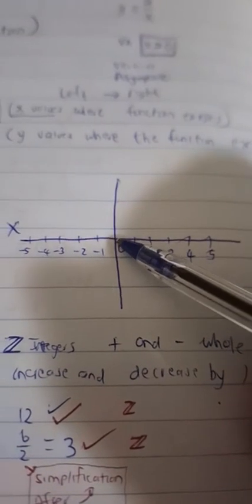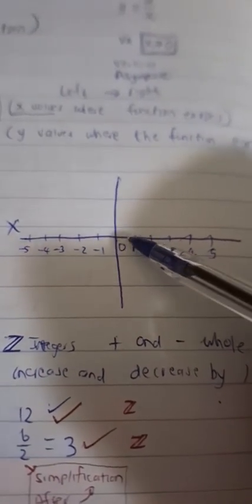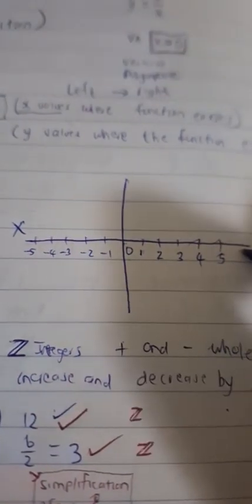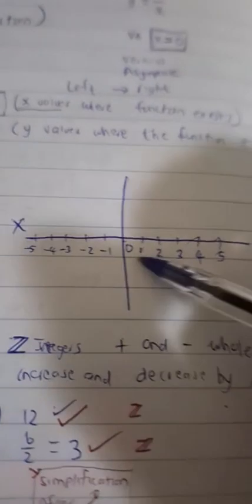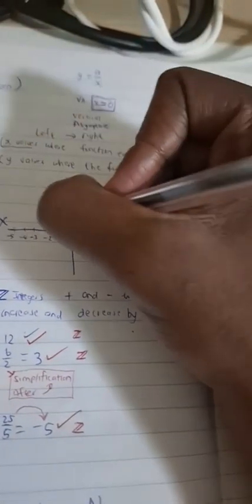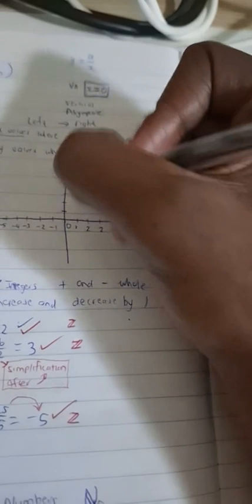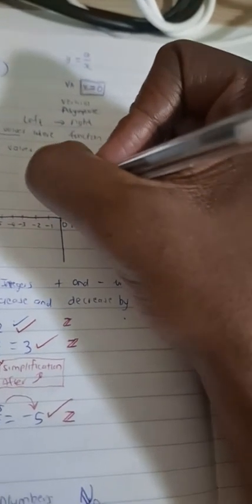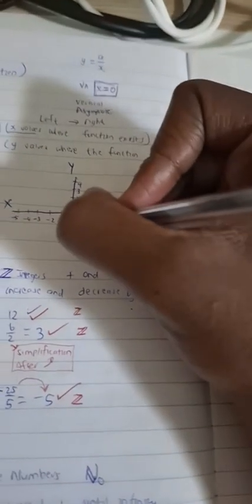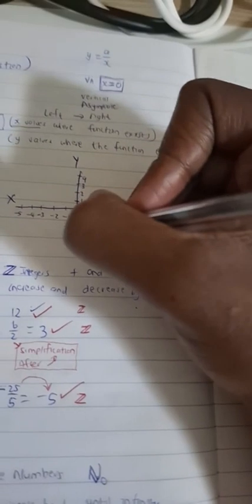I'm not revealing every single number between 0 and 1, but this number line, this x-axis, encompasses all real numbers. Then we have a y-axis, and above the x-axis, the y-axis has positive values of y. Then below the x-axis, the y values are negative.